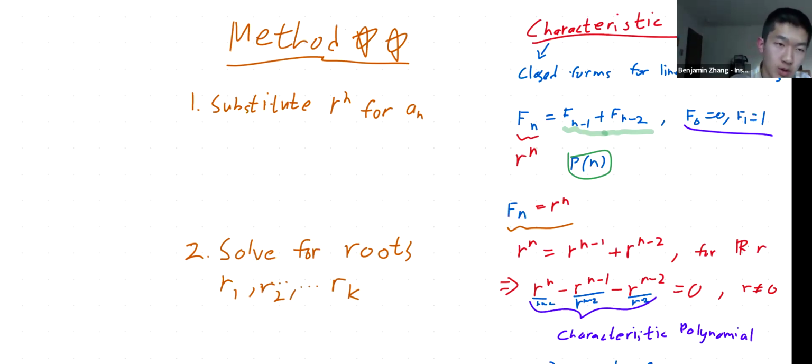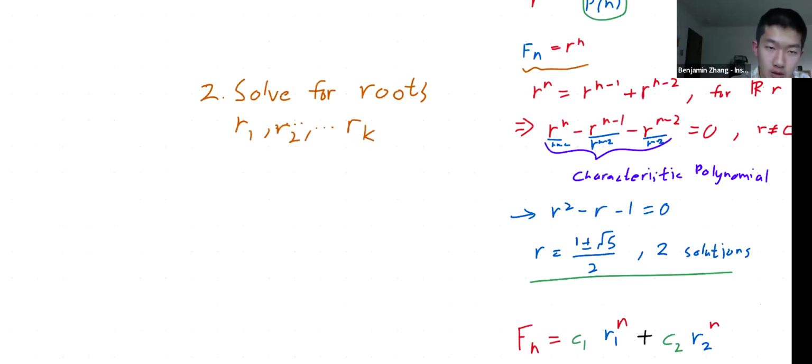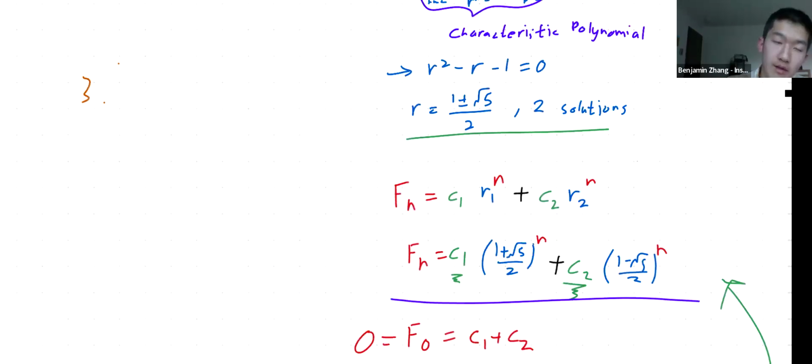And finally, what was the last step that we did in order to solve this linear recurrence? Once we did this, we had this nice form for f of n, but we still needed to solve for these constants.